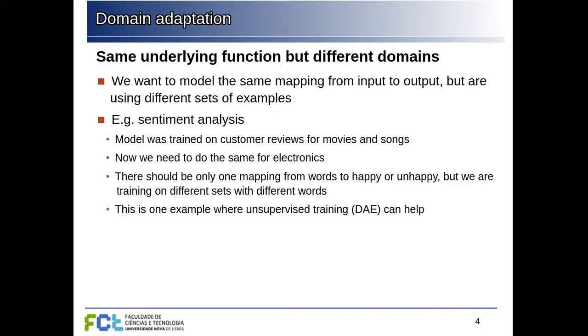This is also a case where we could use unsupervised learning. We could look at many different texts, even if we don't know what the sentiment was there, to help us encode that data better. And here we can use, for example, autoencoders, denoising autoencoders, undercomplete autoencoders, and so on, which we're going to see next week.